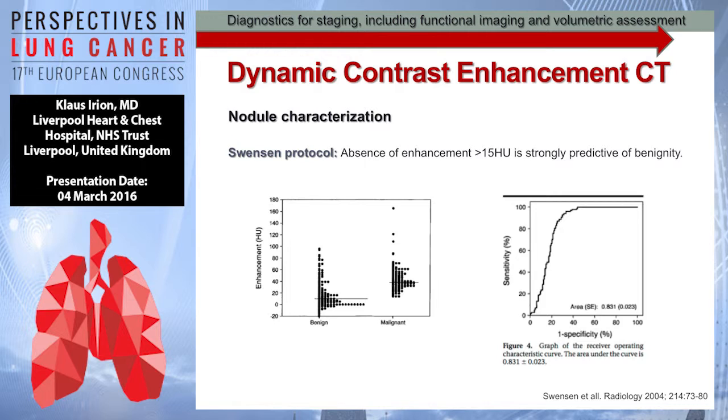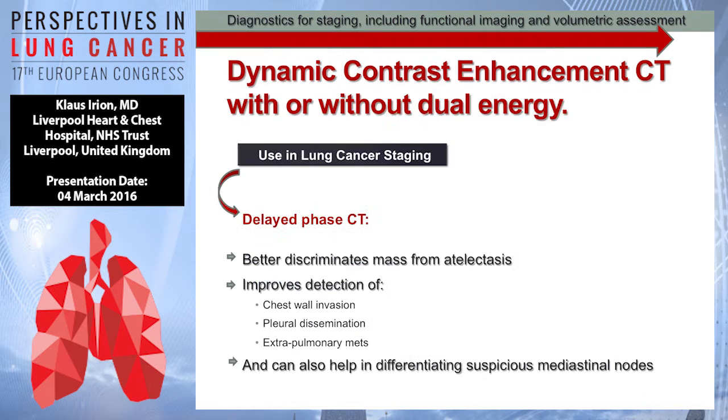If it has increased more than 15 Hounsfield units between the non-enhanced and the enhanced phase, then the likelihood of being malignant has increased, and you do need to decide. But as you see in the graph, a lot of benign nodules will enhance more than 15 Hounsfield units.